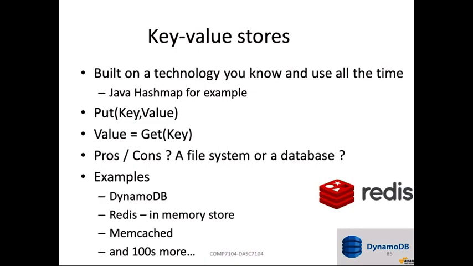This, of course, is built on a technology that you know and use all the time. Basically, the hash map in Java, for instance, is a key value data structure. It enables two simple operations: put a key value and get a value by key.